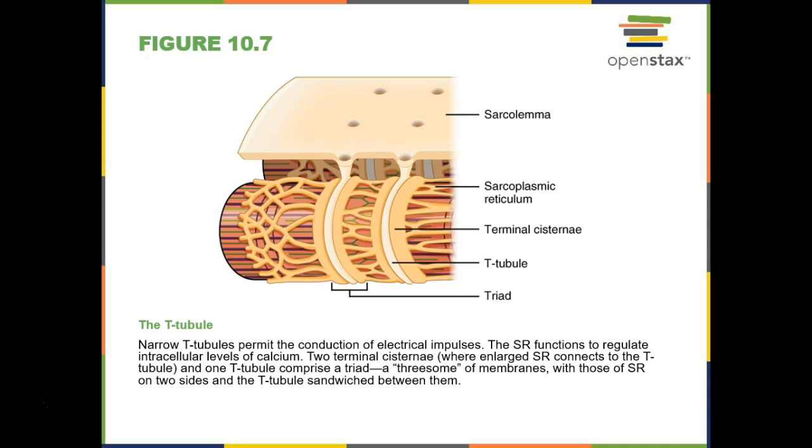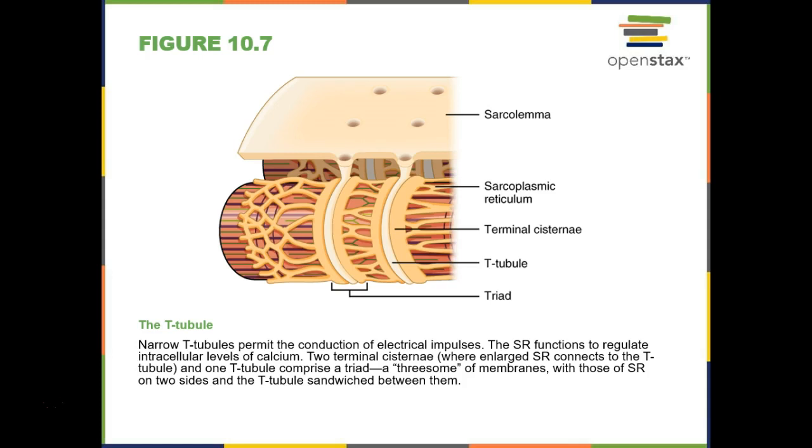I mentioned the T-tubules before, and the reason I did was because those are invaginations of the plasma membrane, or the sarcolemma. When an action potential stimulates the skeletal muscle fiber, that excitation moves along the plasma membrane and down those T-tubules to get deep into the muscle fiber.